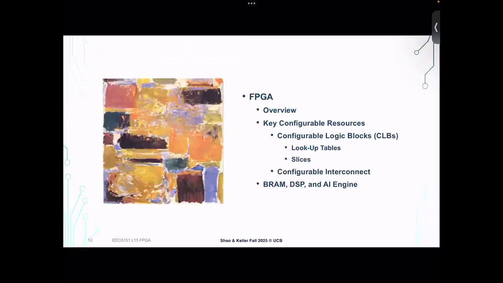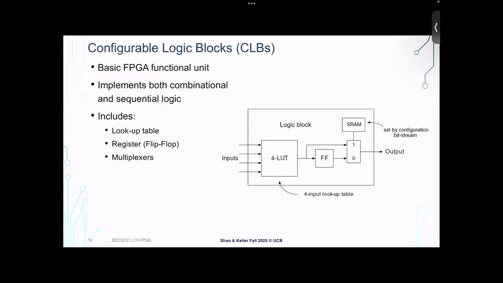So let's talk a little bit more about FPGAs. And in particular, we're going to dive into these combinational logic blocks. What are they made of? What makes them tick? They're actually pretty simple, the insides, as we'll see. This is a very basic version of what's inside a combinational logic block, a CLB.